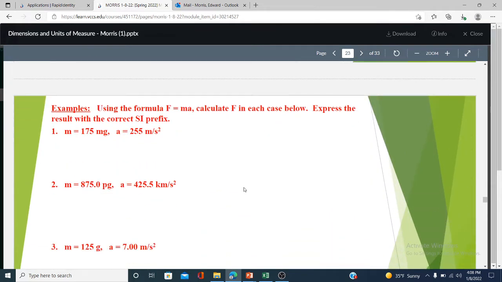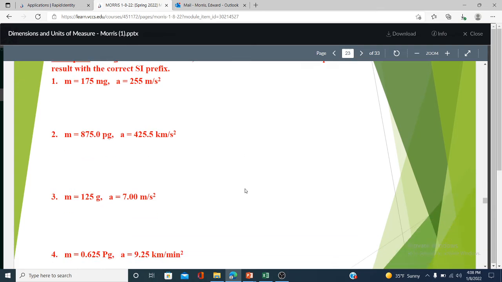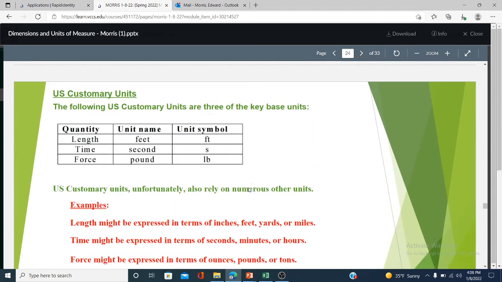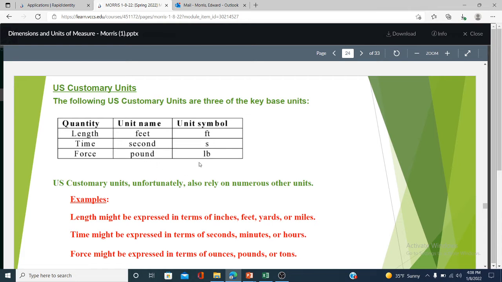Here are some more conversions I'm going to probably do with you later on, not today. Some English units that you're very familiar with are feet, seconds, and pounds. Again, notice there's no S with pounds, it's just lowercase l and then b.